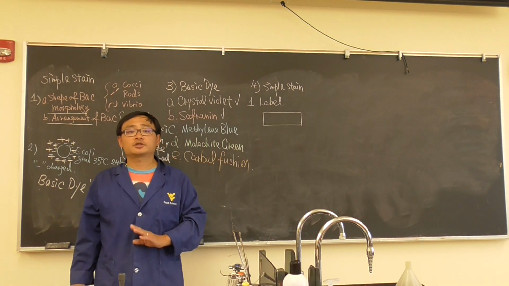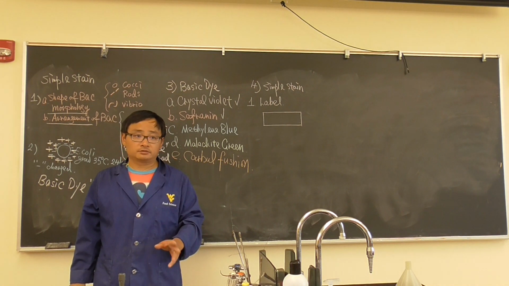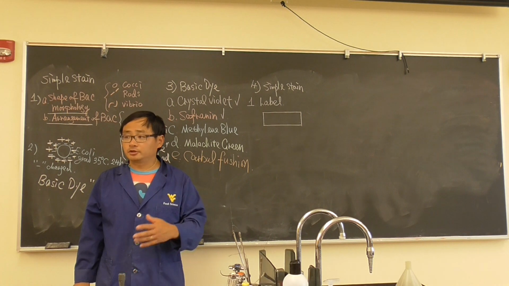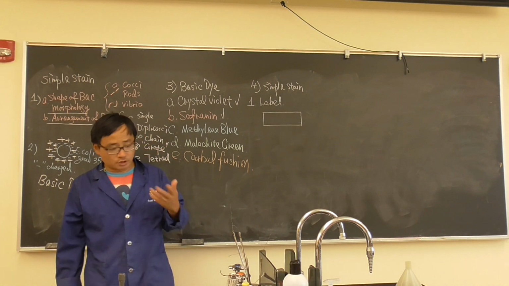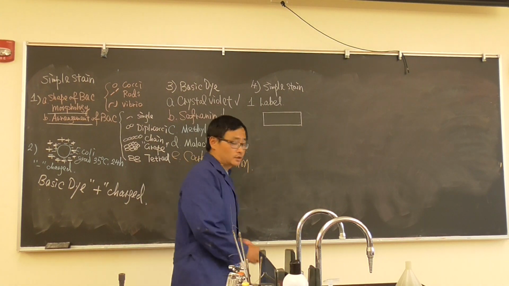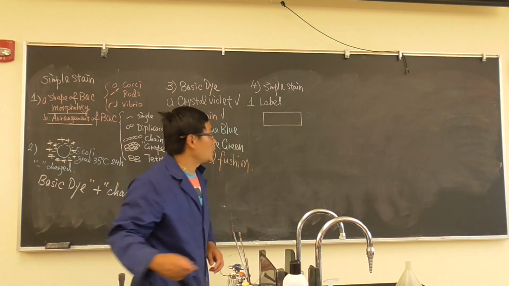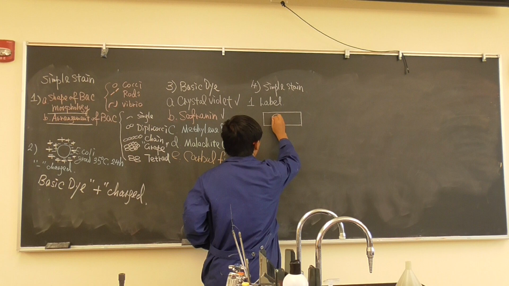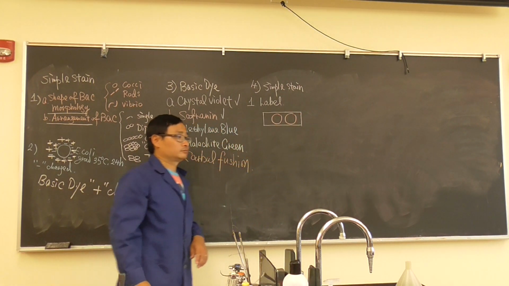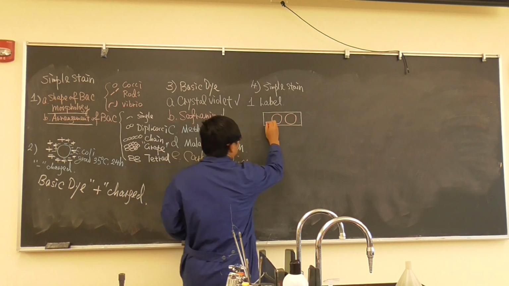First thing first is clean it. Okay, you can use tap water and a little bit of alcohol to clean it. If you have a very clean one, you can directly use it.